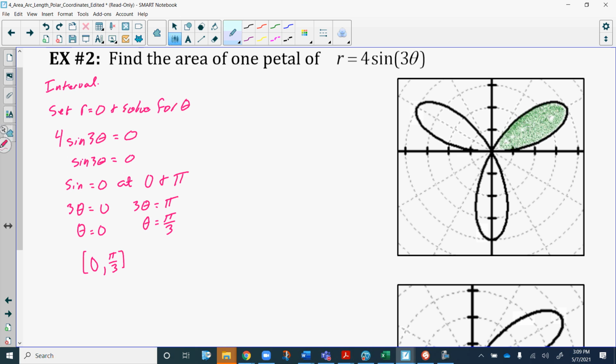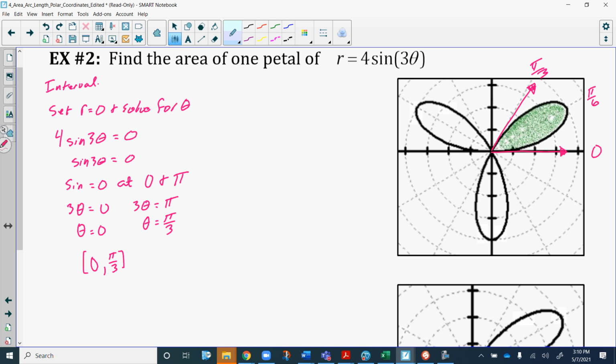Did I need to do that? Not necessarily. If we remember the angles on our polar graph here, obviously this is 0. This first dotted line right here is pi over 6. And the next dotted line that we get is pi over 3. So the interval that petal is contained between is between those two angles.